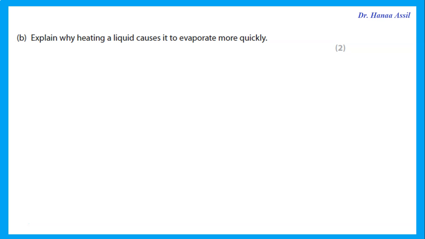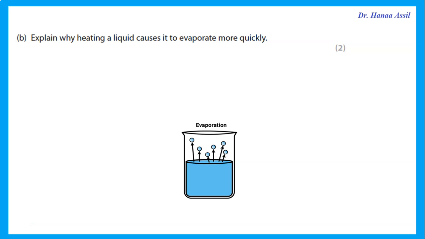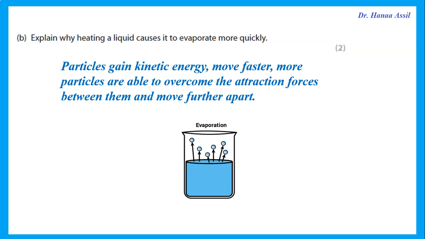Explain why heating a liquid causes it to evaporate more quickly. Now, if we heat a liquid, it evaporates, and we said evaporation means the particles on the surface will change from liquid to gas, and that is because particles on the surface gain kinetic energy, move faster, more particles are able to overcome the attraction forces between them and move further apart, so they change into gas.